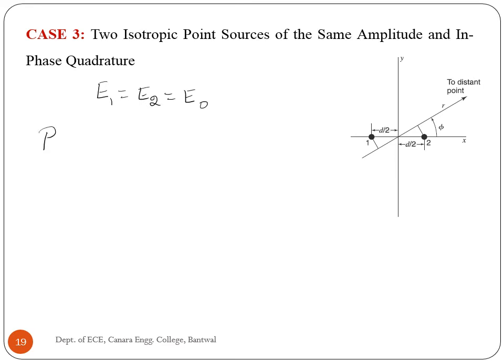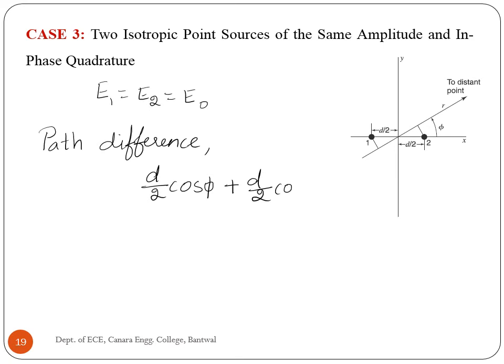The path difference is d by 2 cos phi plus d by 2 cos phi. Therefore, path difference is d cos phi divided by wavelength lambda.